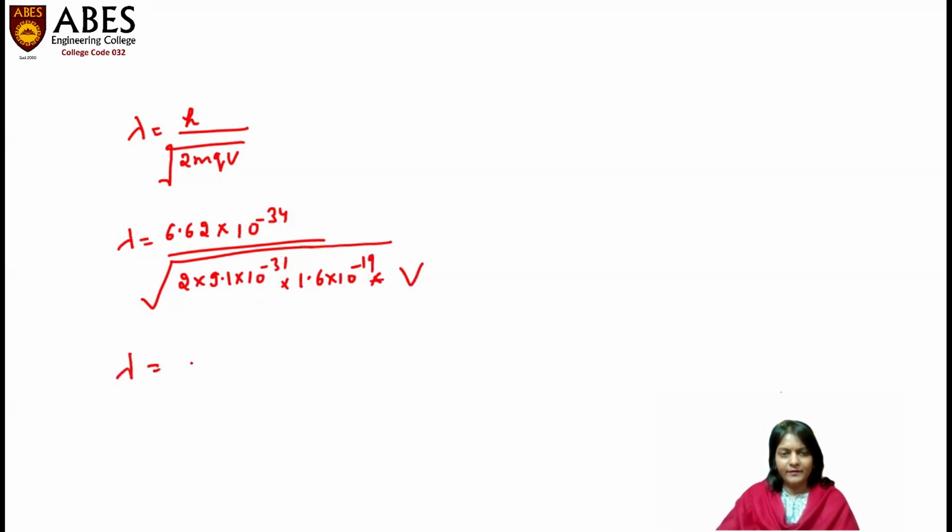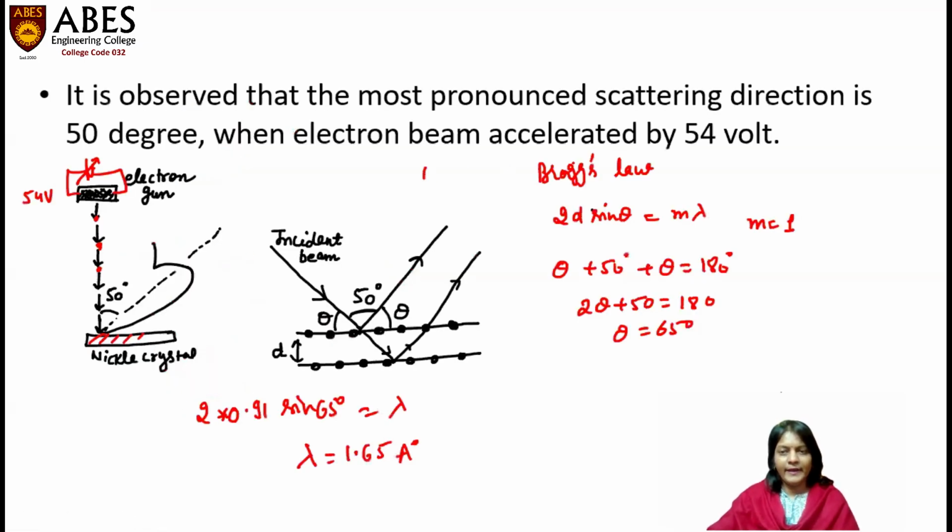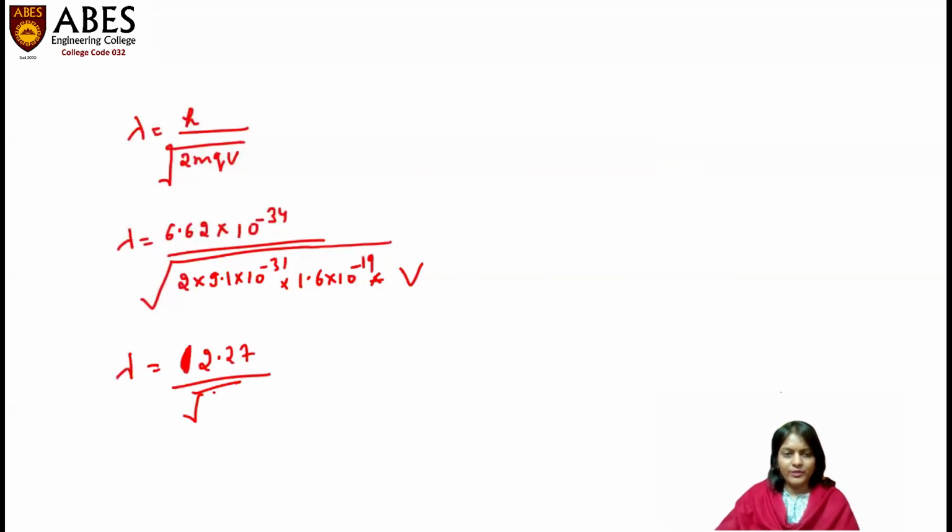So it becomes 12.27 upon root V, and the most pronounced curve is obtained at 54 volts. So we put the value of the potential as 54, and it becomes 1.67 angstrom.